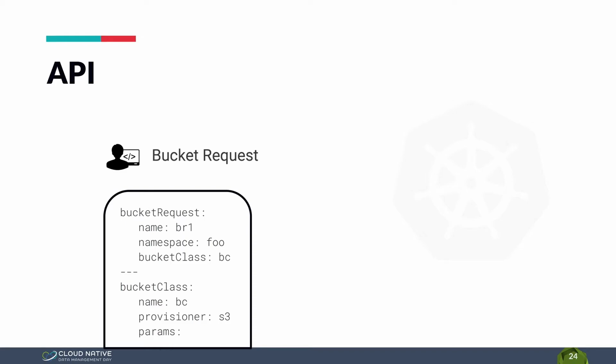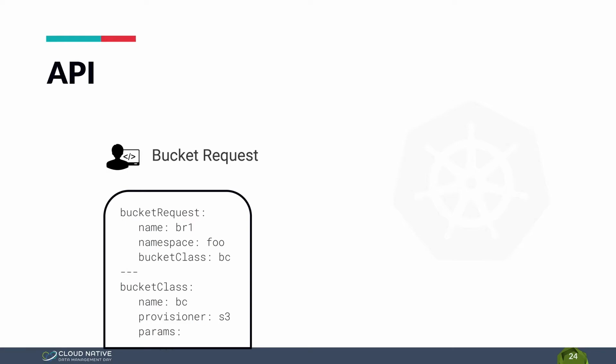So in such a model, bucket request is a namespace resource. What we're trying to say is because it's namespaced, a developer can create it, and any actions that get taken because of the bucket request would also result in namespaced objects.